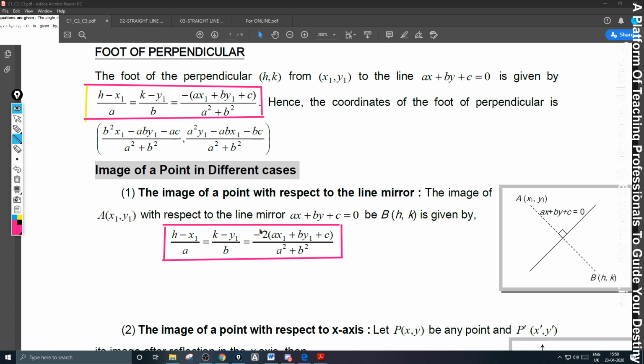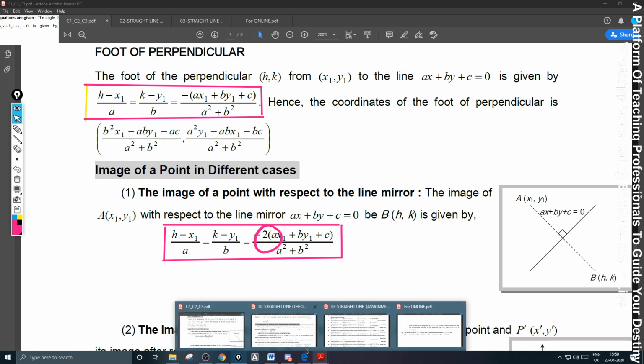Here you have an extra 2. That's the only difference. Arun, do you observe that? This is minus of ax1 plus by1 plus c by a square plus b square, and this is minus 2 of it. Yes, minus 2 is extra. Let us see a problem so that you will be more comfortable.